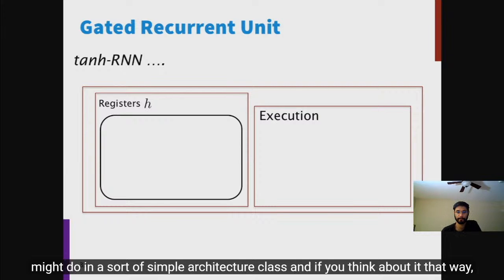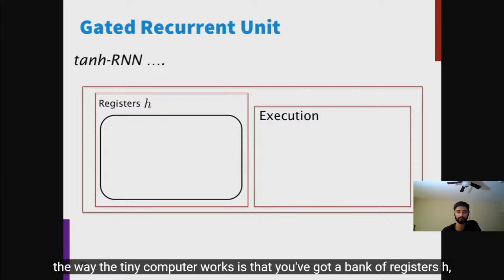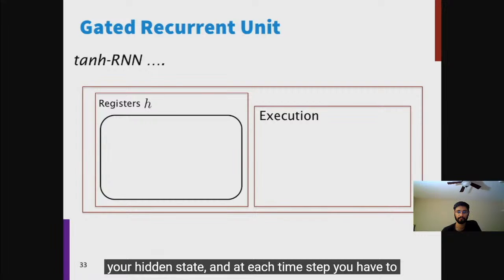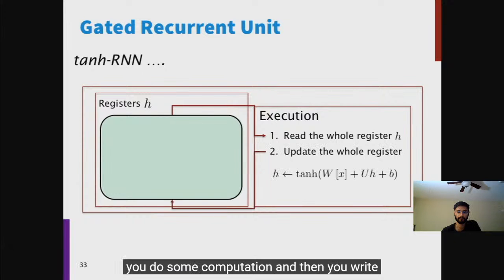If you think about it that way, for the basic simple recurrent neural network, the way the tiny computer works is that you've got a bank of registers H, your hidden state, and at each time step you have to read the entirety of your bank of registers. You do some computation and then you write the entirety of your bank of registers.